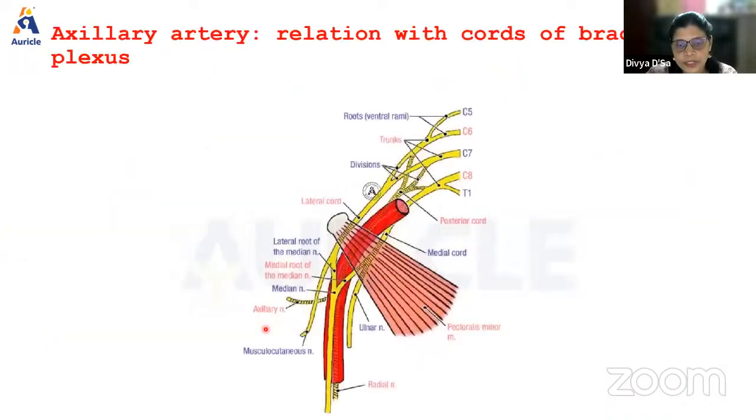Before we go to the relations, we need to understand that the axillary artery runs in the axilla, and the cords of the brachial plexus are related to the artery. In the first part, the lateral cord lies a little posteriorly, the medial cord towards the medial side, and the posterior cord a little towards the medial.